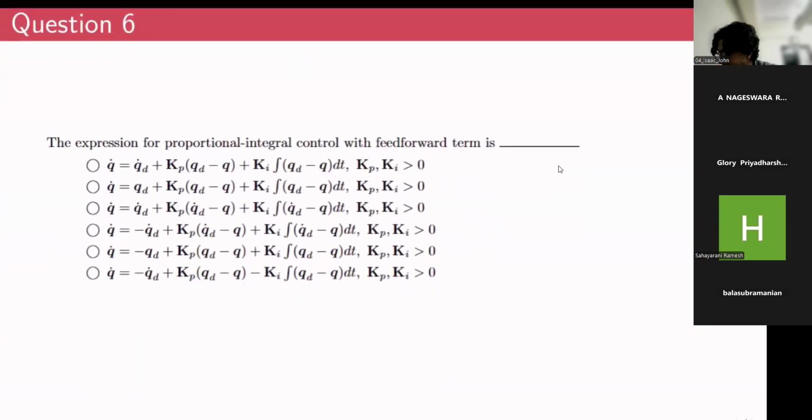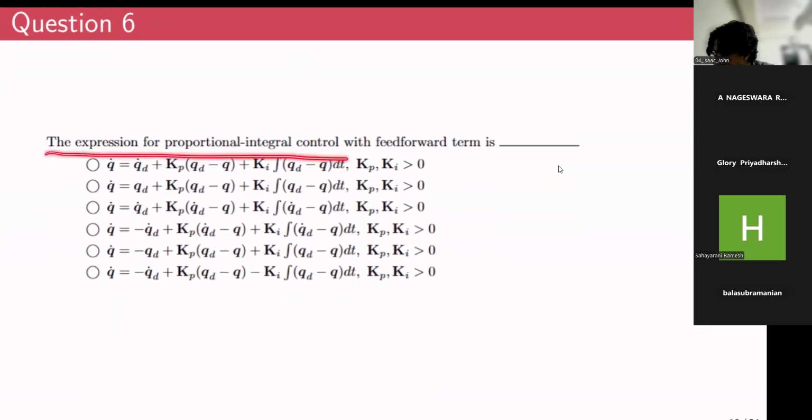Moving on to question 6. The expression for proportional integral control with a feed-forward term. It's just a PI control. So what about the first option? Here the velocity itself is the feed-forward control. That term does not have any feedback variables in it.